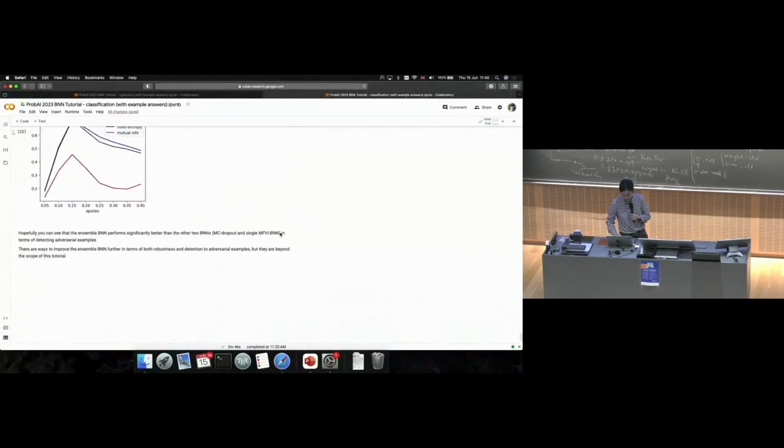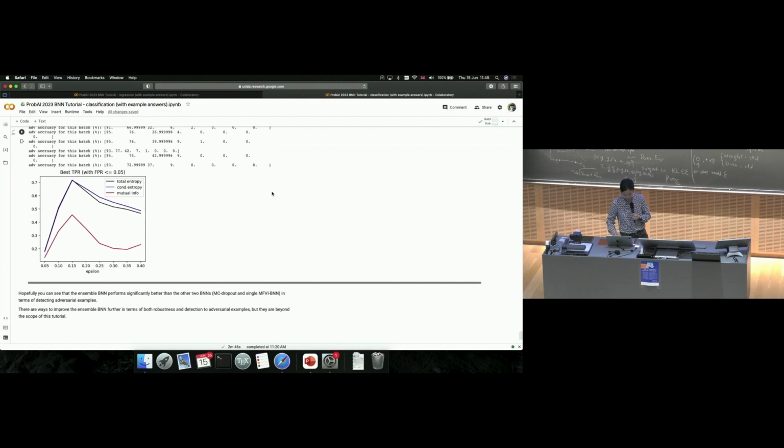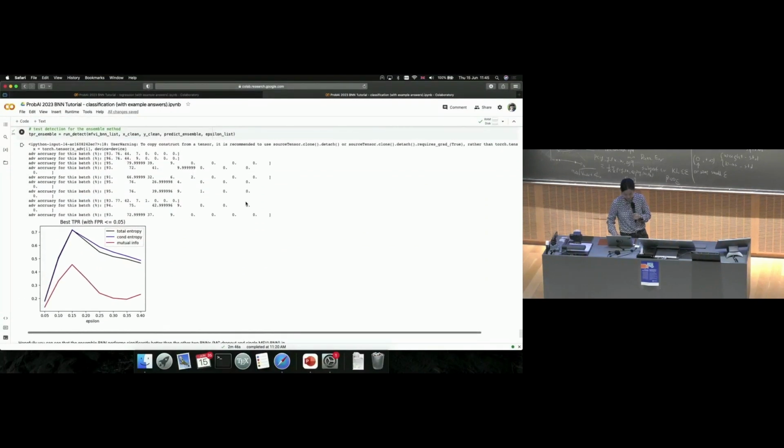Let me just scroll down to the last result. Okay, some interesting results here. What we did is compute different types of uncertainty: the total uncertainty, the conditional entropy, which is the data one, and the mutual information, which is the model one. And then we use that as a metric for adversarial sample detection.